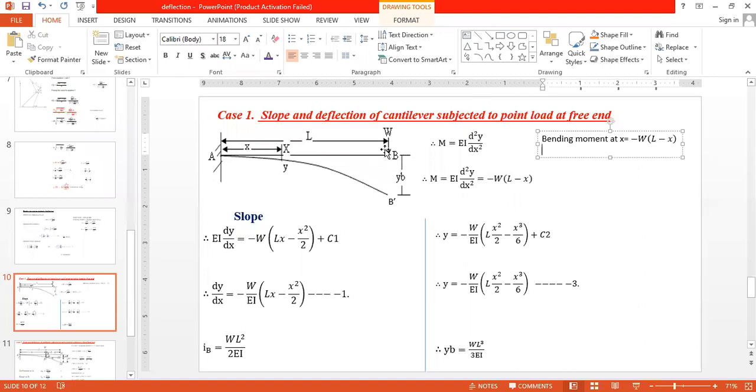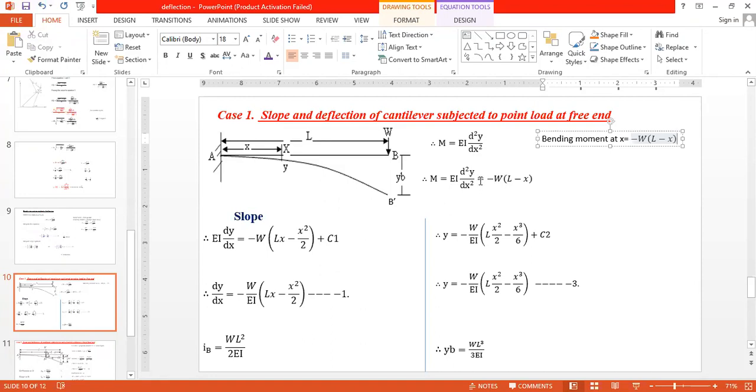Distance of load is L minus x from the x section. Now you put this bending moment in this equation. You will get M is equal to EI d2y by dx square equal to minus W into L minus x. This is your bending moment equation. From this bending moment equation, you have to find the slope and deflection.